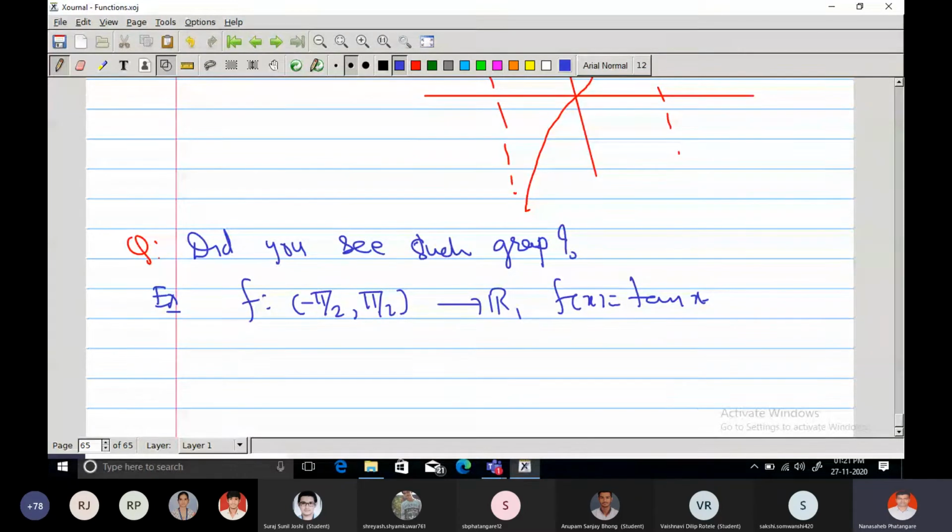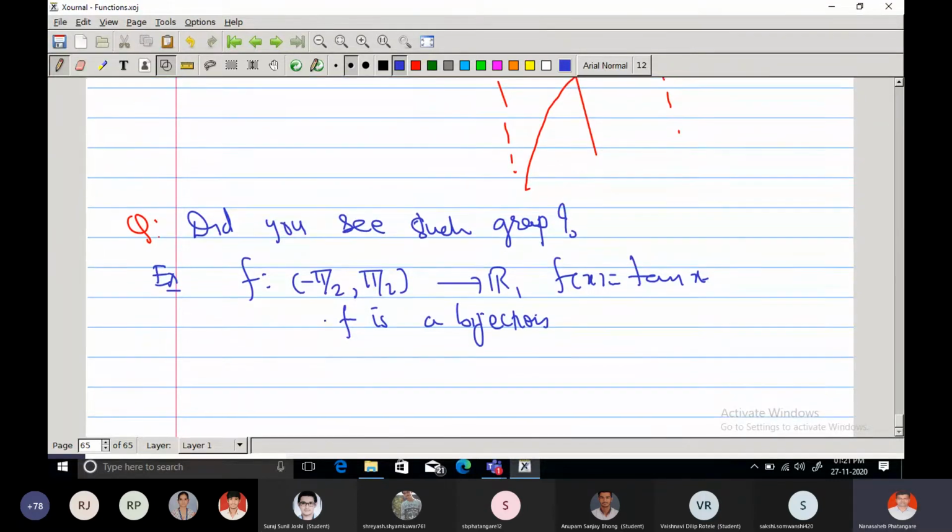Right. And what is the opposite, reverse process? If we define g from R to minus pi by 2 to pi by 2, g of x is equal to tan inverse of x. This is the opposite process. And what is the graph of this tan inverse function?